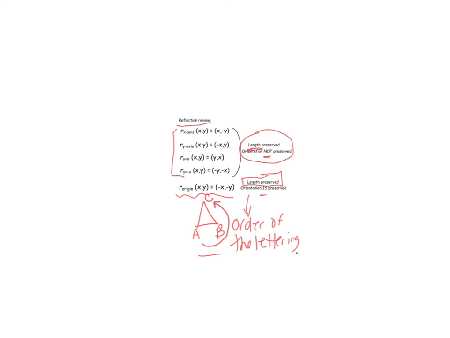And when I do a line reflection, let's say there was a line here, this would be A prime, B prime, C prime. Now when I go A, B, C, I go clockwise. So the orientation is not the same. For the original, it was counterclockwise, and for the image, it was clockwise. So orientation is not preserved in a line reflection, but if you go back and look at our examples, it is preserved in a point reflection.